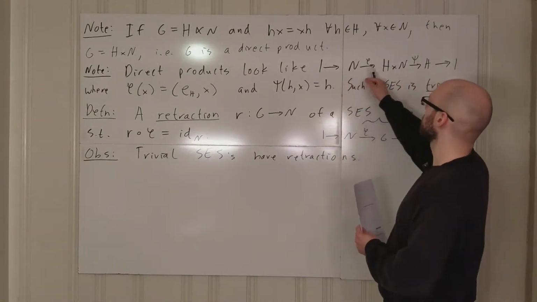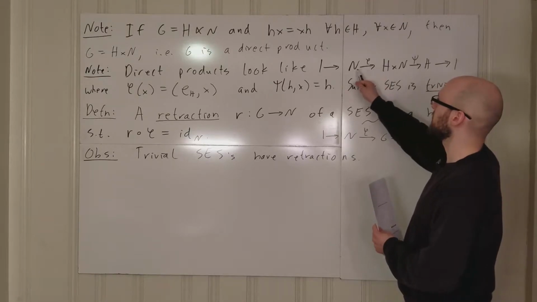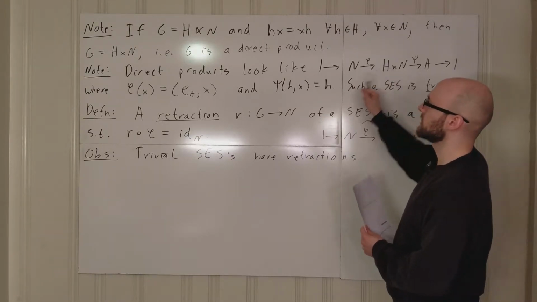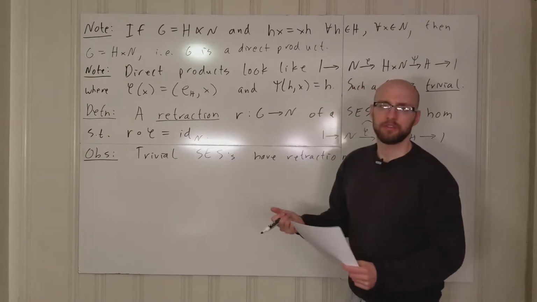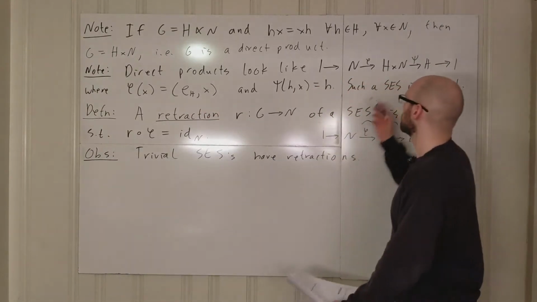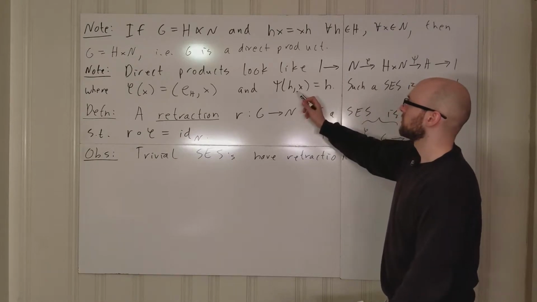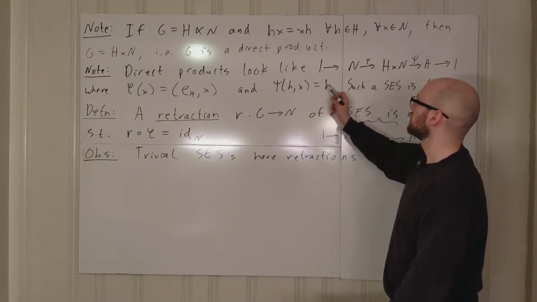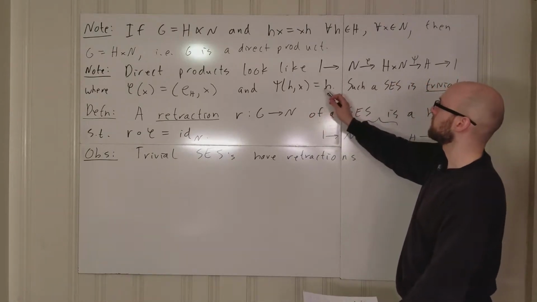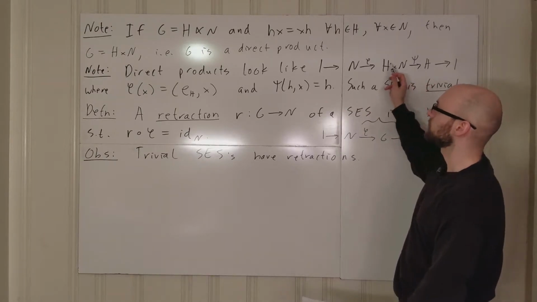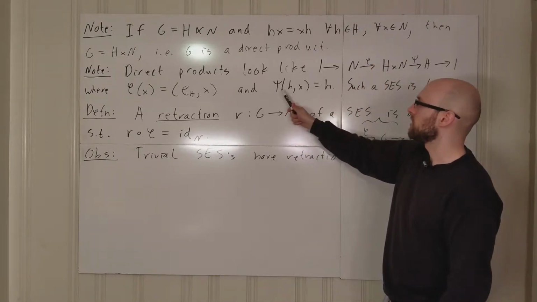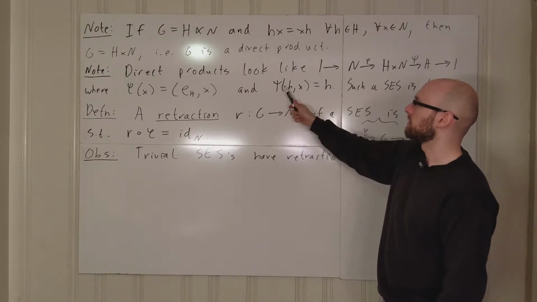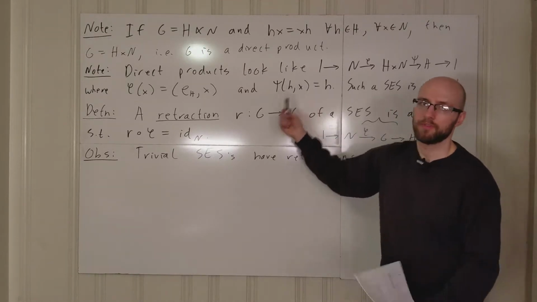So we have this map phi that takes N into H cross N by phi of x equals e_H and then x. So if we want a retraction, we just take an element (h, x), and we do the same thing that we did before when we projected onto H, but we just project back onto N. So r evaluated at (h, x) will give you x.